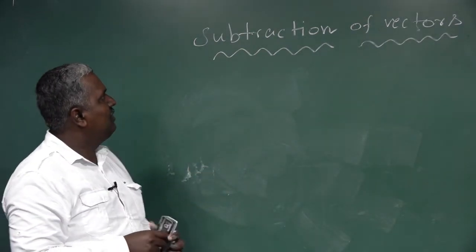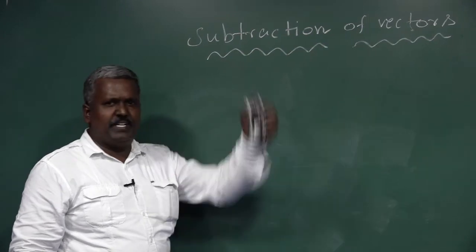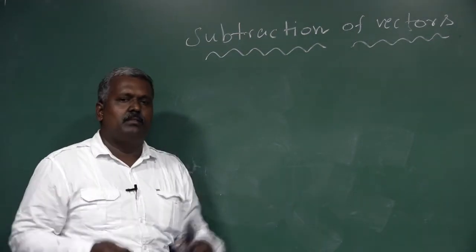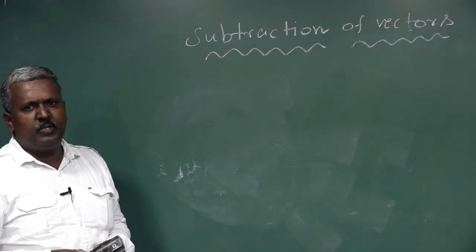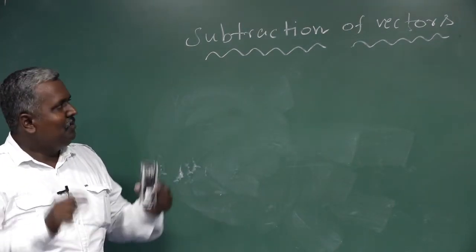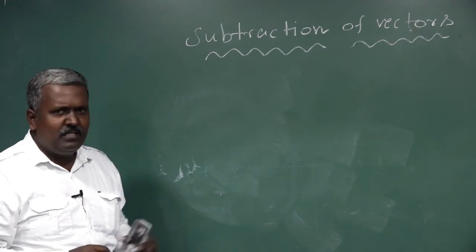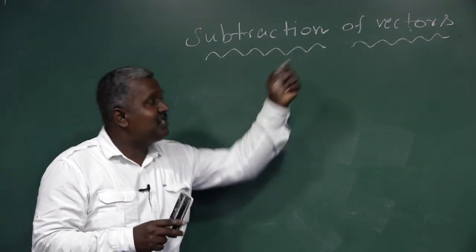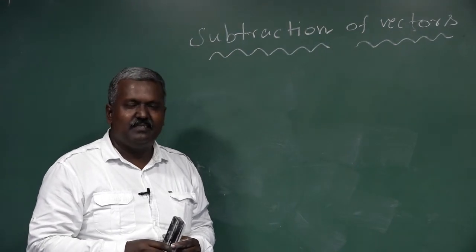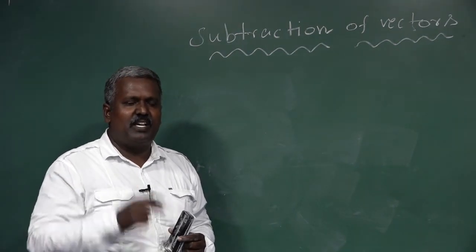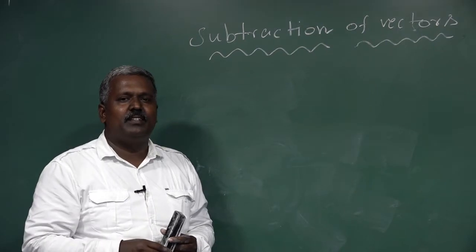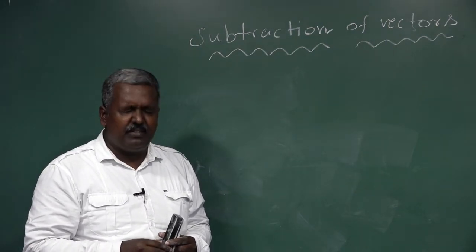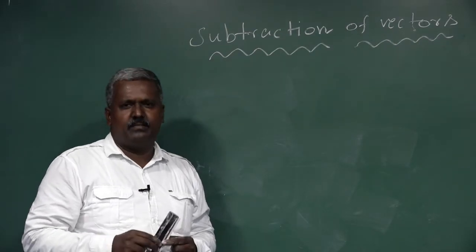Next. Now, subtraction of two vectors. Subtraction means difference, minus, subtract. Before going to discuss this, we must know about addition of vectors. In last class, you studied addition of vectors with the help of the triangle of addition.